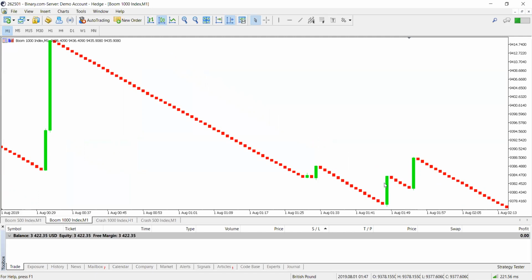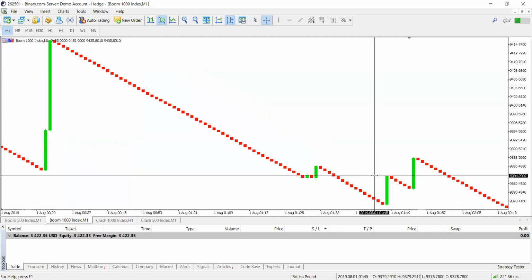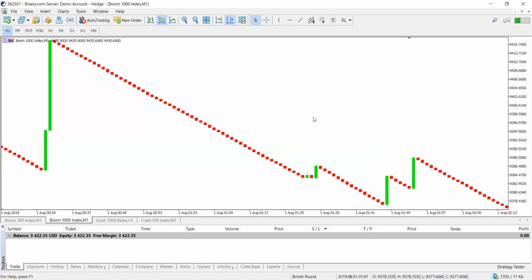So when you see a smaller boom, but it's on the bottom, it's not safe for you. Also, this one is not safe because you can see that it's no longer engulfed by the previous boom. So it's not safe for you to go selling after it. Okay, right.